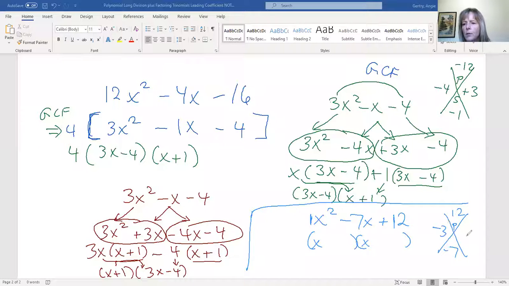And then you say, what do I use? Negative 3 and negative 4. Negative 3 times negative 4, positive 12, true. Negative 3 minus 4, negative 7, true. And then you simply put them in there. So I call this a simple trinomial. If it's like this, you simply put those things in here. You don't do the extra 2 steps. If you do over the top, you're going to have an extra step, and it's really unnecessary on something that starts with an x squared.